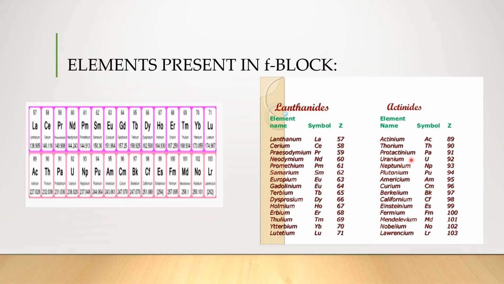Protactinium, Pa, 91, uranium, U, 92, neptunium, Np, 93, plutonium, Pu, 94, americium, Am, 95, curium, Cm, 96, berkelium, Bk, 97, californium, Cf, 98, einsteinium, Es, 99, fermium, Fm, 100, mendelevium, Md, 101, and nobelium, No, 102, lawrencium, Lr, 103. This is the last element of the actinide series. Okay, these are the elements of the actinide series, and these are the elements present in f block.